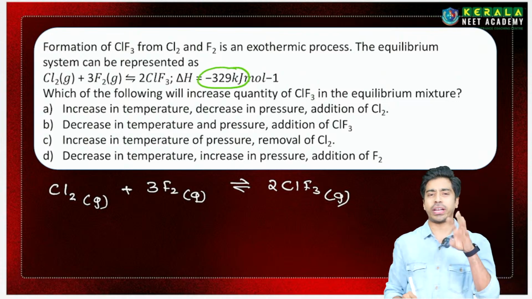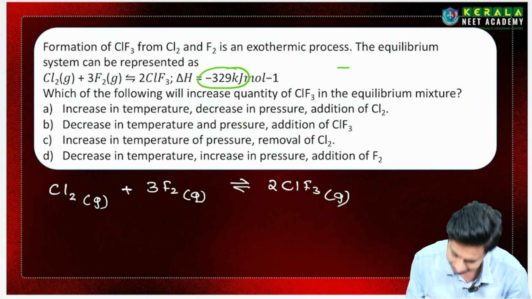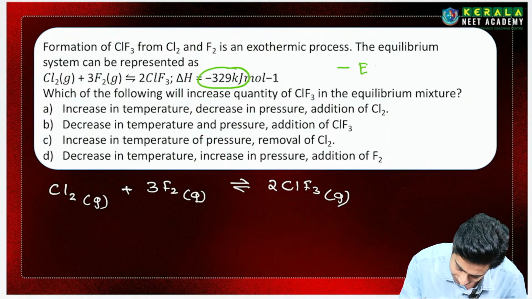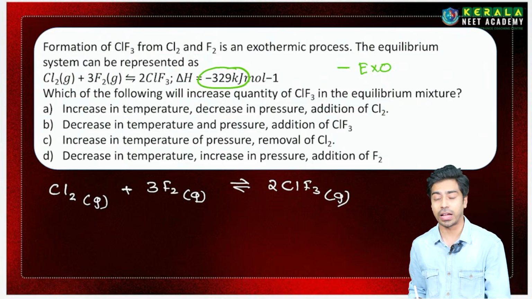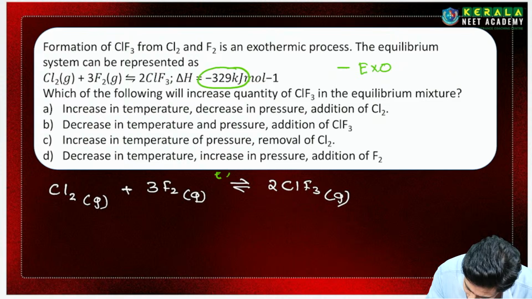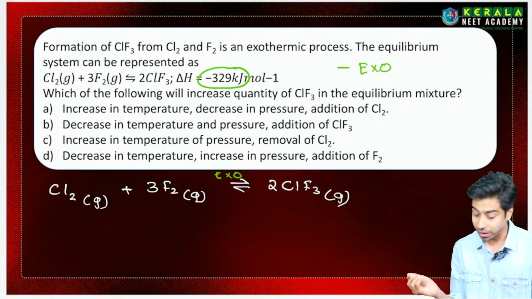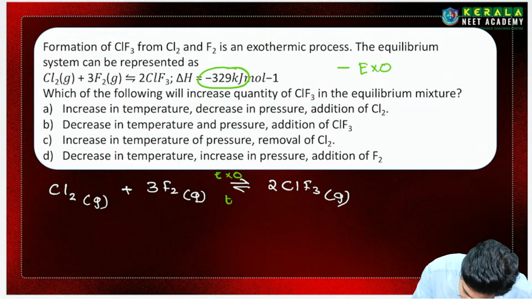The number 329 has no importance. It is negative, minus, and minus means the process is exothermic. That means the forward reaction is exothermic. Then what is the reverse reaction? Forward is exothermic, so reverse will be endothermic.